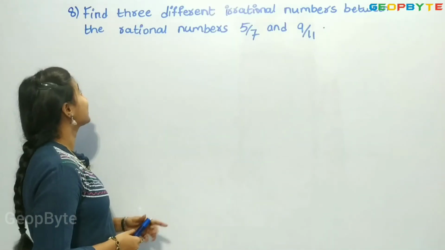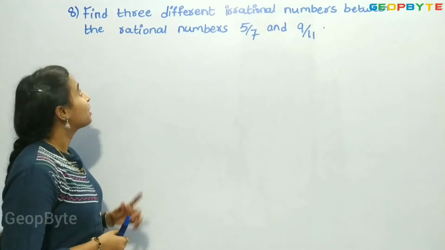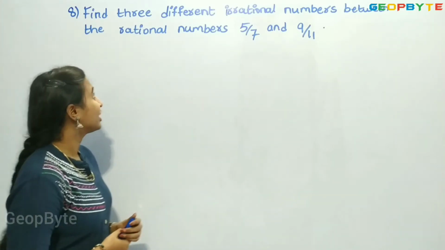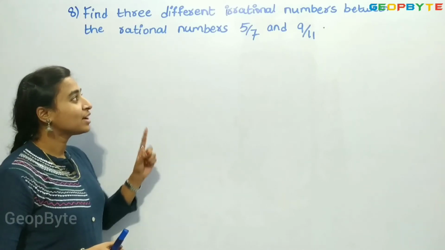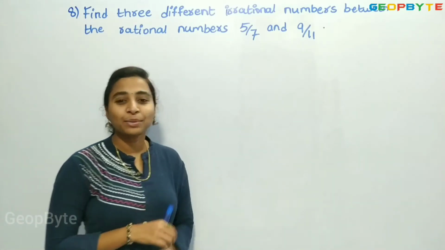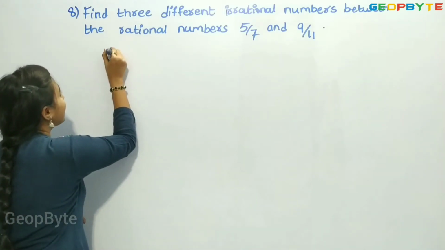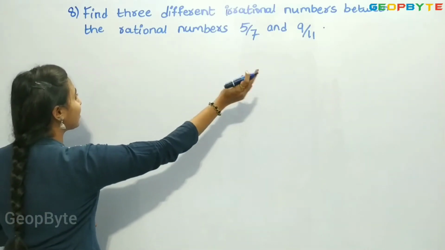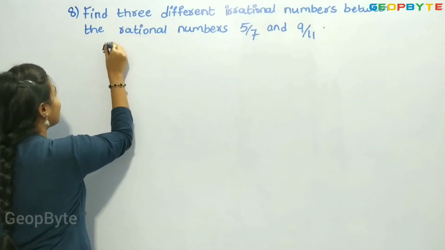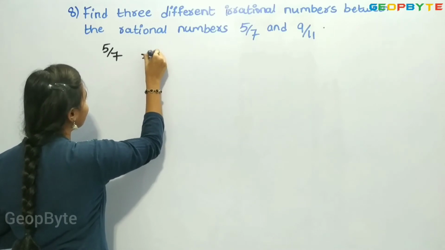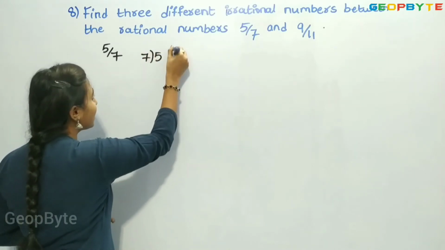Now, let us see the 8th question. Find 3 different irrational numbers between the rational numbers 5/7 and 9/11. Now, let us find the decimal expansion for 5/7 and 9/11. 5/7. 7 is the divisor, 5 is the dividend.